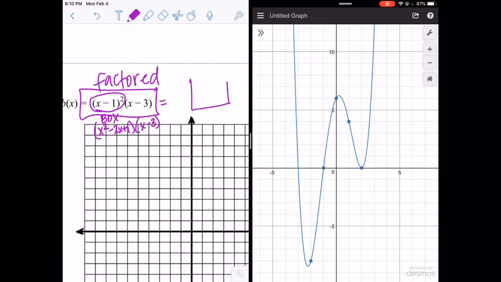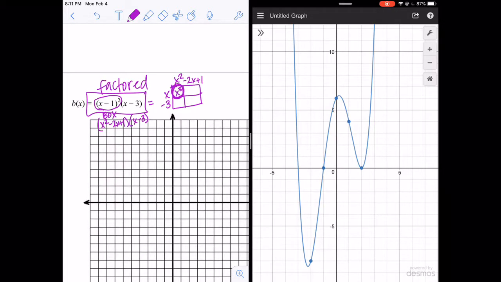I could use the box and say x minus 3 times x squared minus 2x plus 1. I don't really care that much about what happens at the end of the box, because what I care about is what happens here. X to the 3rd is going to be my biggest term once I multiply those together. So that means my graph should look like an x to the 3rd graph, right? It should go up like this or like that.